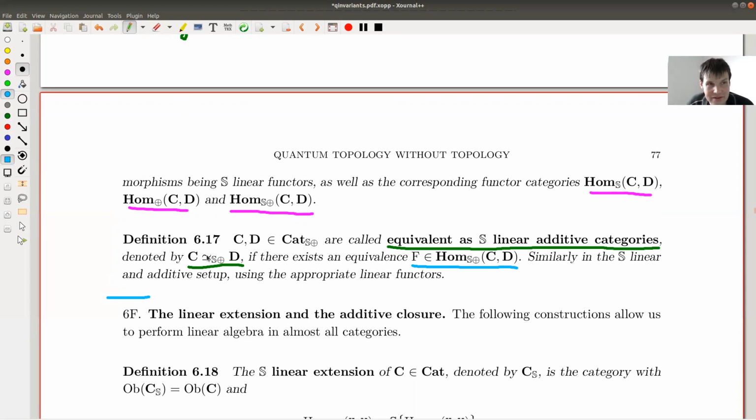This is really exciting, really, really good. So I call this a linear extension and the additive closure. And it really allows us to perform linear algebra in almost all categories. Everything is built on matrices, you haven't seen it at this point, but as soon as you have additive linear, you should be able to perform some linear algebra, right?